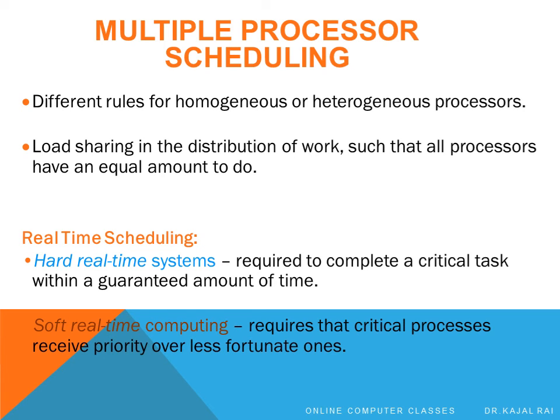Soft real-time computing requires that critical processes receive priority over less fortunate ones. In soft real-time, we have the processes and the time, but if a higher priority process comes, or there are higher priority processes in the queue already, then those processes will get the CPU first, and you switch between high priority and low priority processes. These two types make up real-time scheduling.